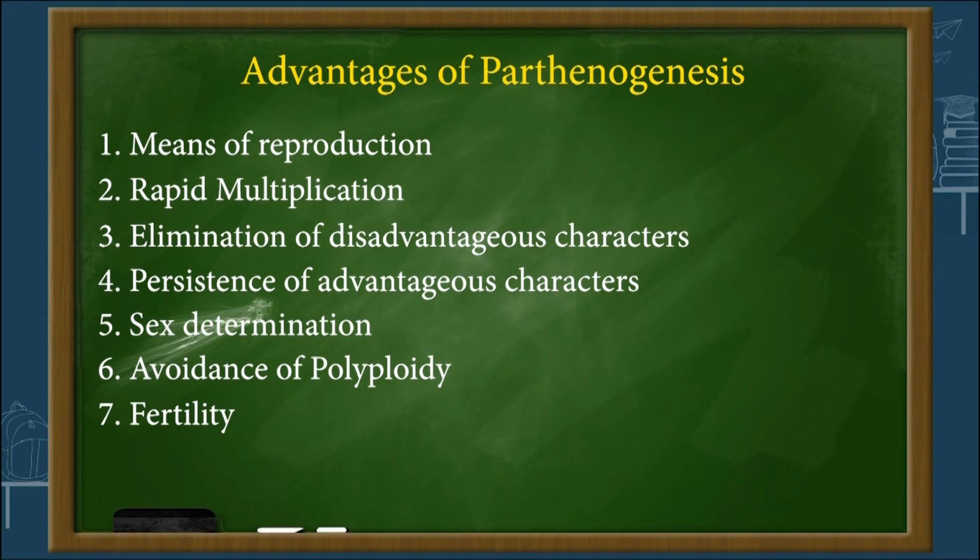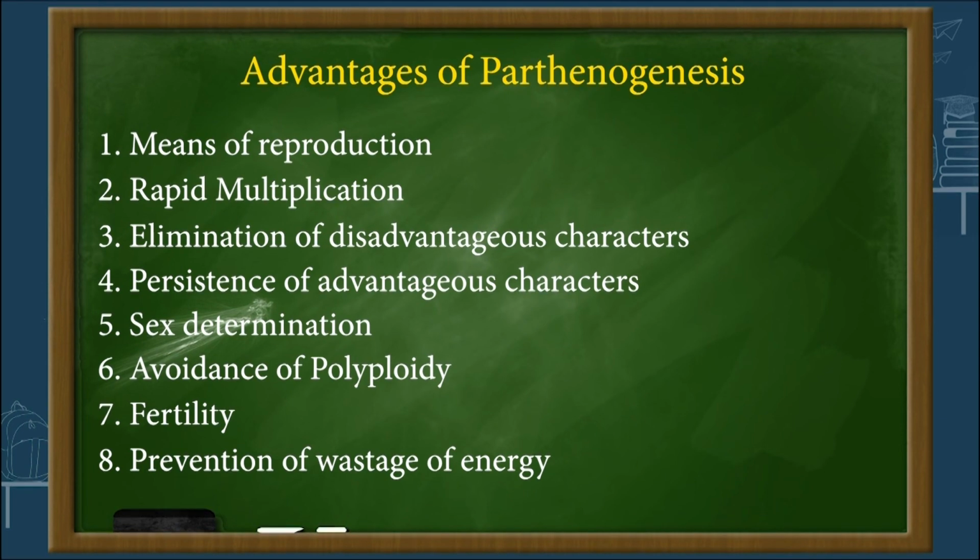Parthenogenesis prevents sterility in the races, thereby promoting fertility. Number 8, prevention of wastage of energy. Mating during sexual reproduction requires a lot of risk, time, and energy. Parthenogenesis does not involve mating, so most energy can be used for feeding and other vital activities.